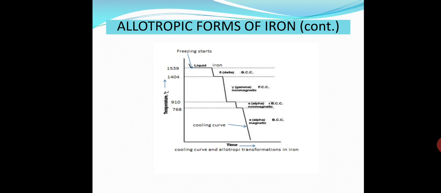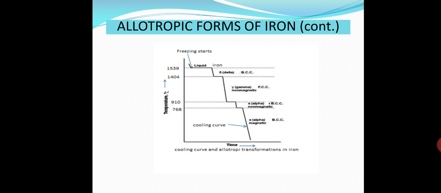The same transformation is shown through the graph. You can see at 1539 a horizontal line. That means the temperature is fixed for a certain time till the solidification completes. Again at 1404 degrees, another horizontal line where delta iron is transformed to gamma iron.